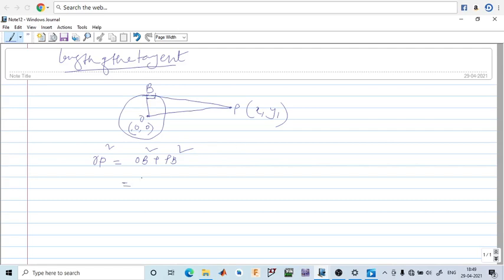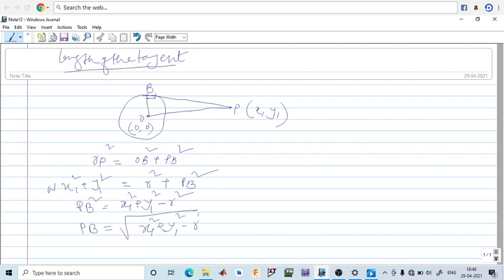OB is radius, and what is PB? PB square we can't get directly, we need the value of OP. What is OP? OP square is x1 square plus y1 square, which we get from the distance formula. Then PB square is x1 square plus y1 square minus r square. That is, the length of the tangent is the square root of x1 square plus y1 square minus r square.